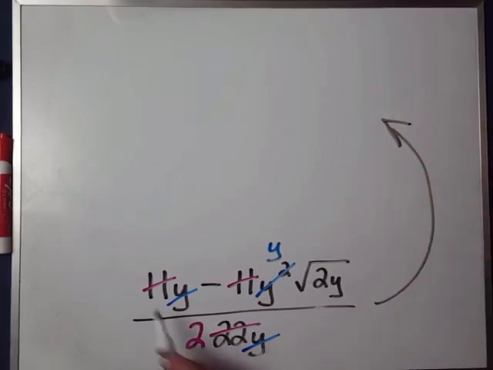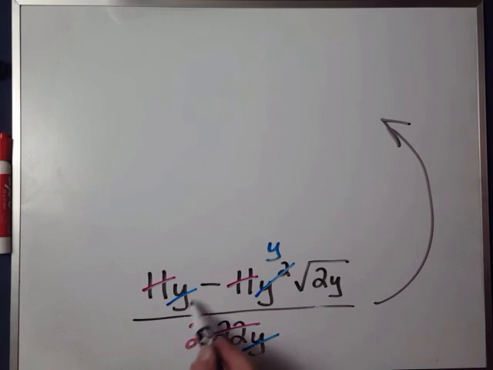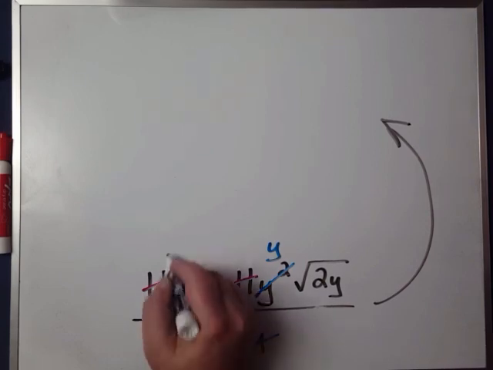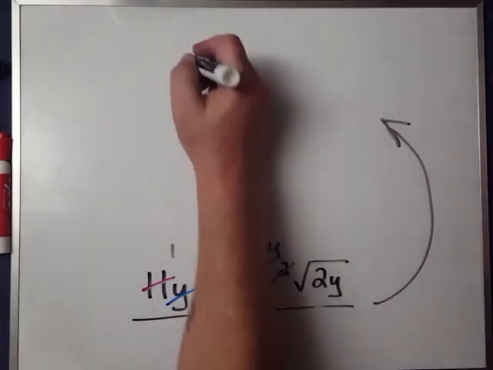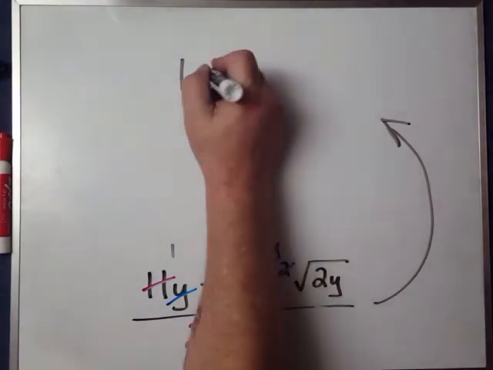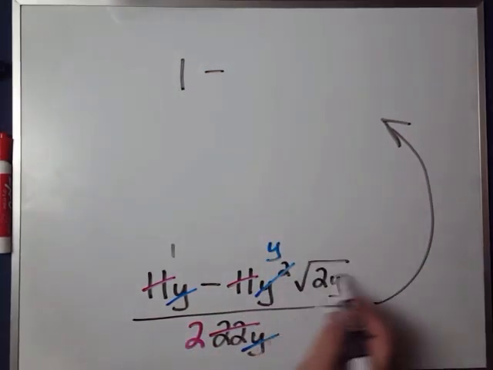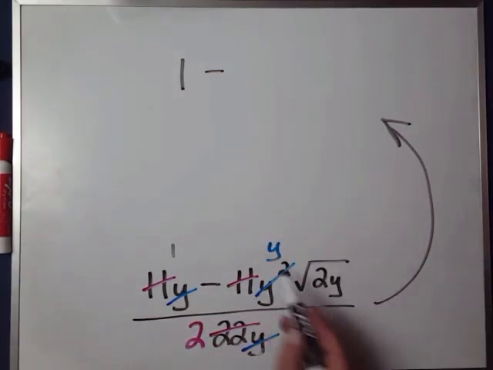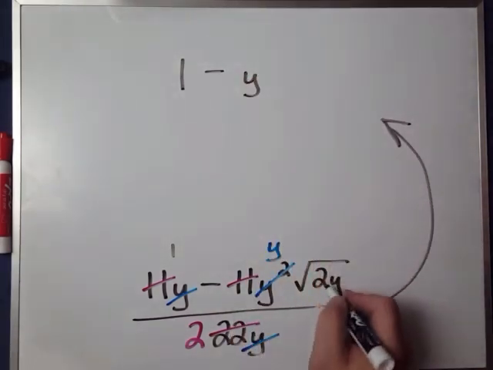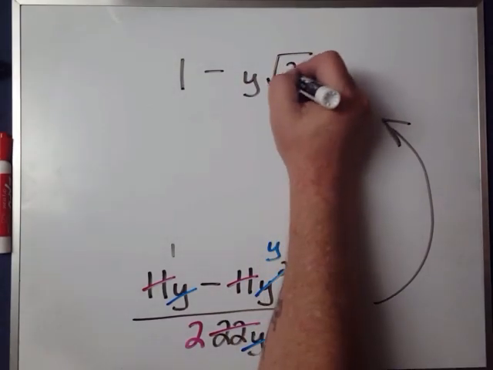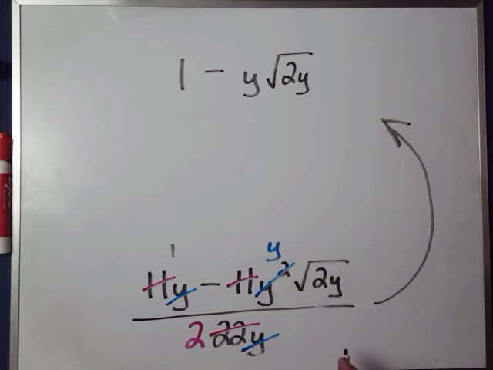And so, what do we have? Well, this term we canceled everything, so what's left behind? A 1. Minus, what survived here? That y on the outside, and of course our square root of 2y just hanging out, doing whatever he's doing.